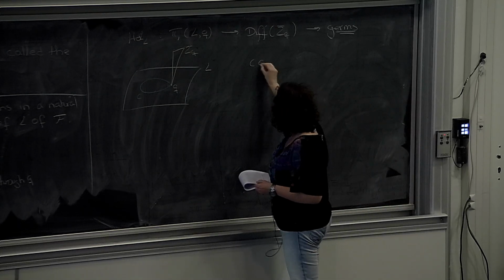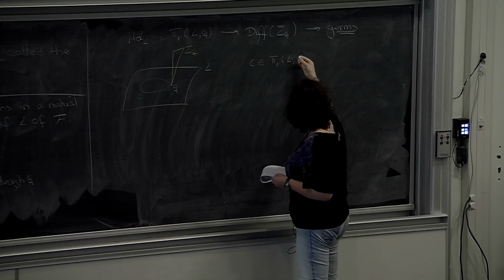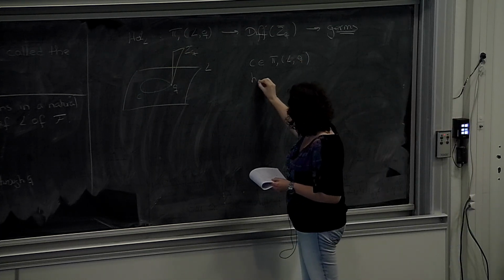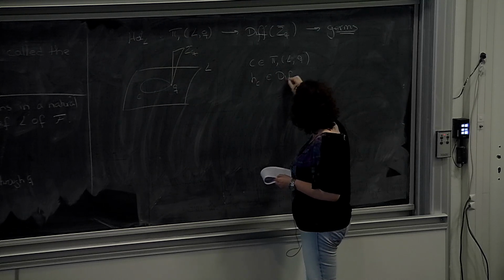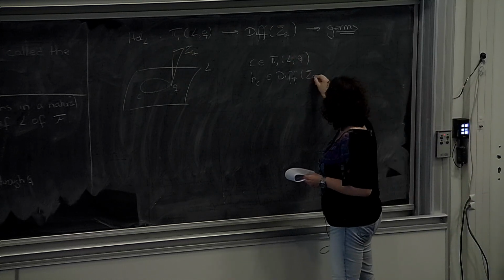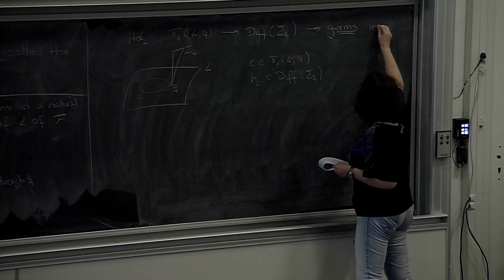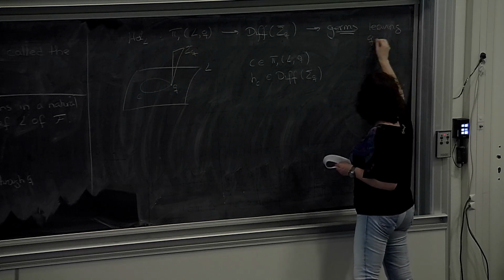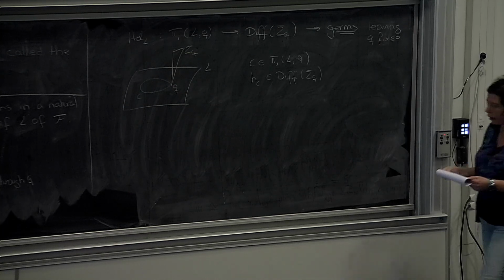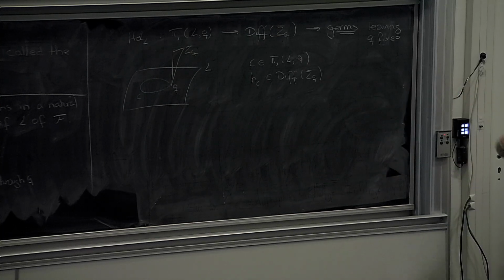Okay, so C is an element on pi_1 of the leaf at Q. Okay, H is an element of germs of the diffeomorphisms of sigma Q that leaves Q fixed. So H_C is the image of C by that map.